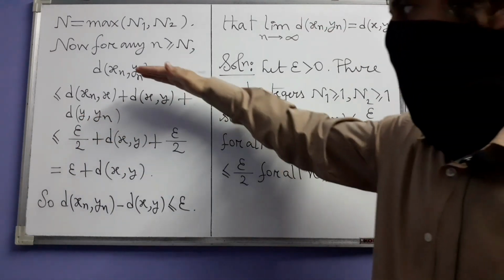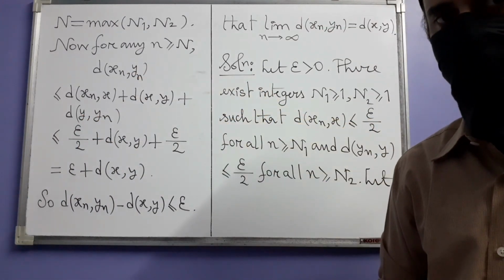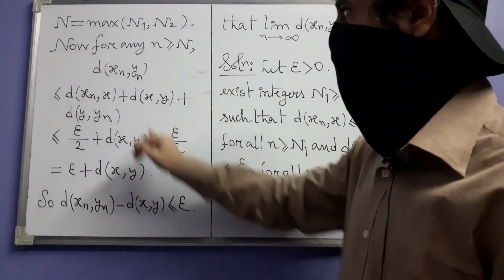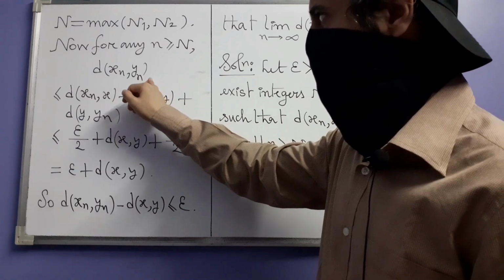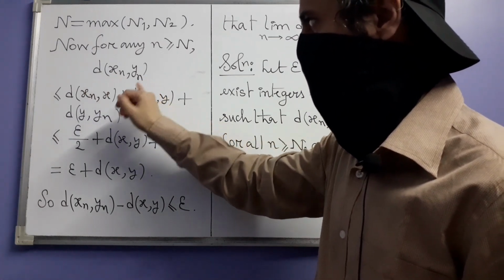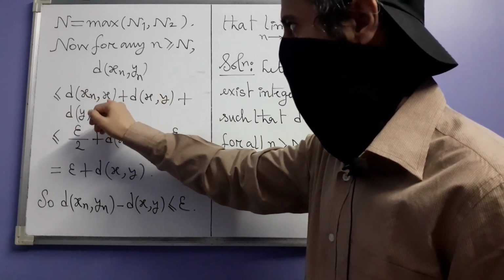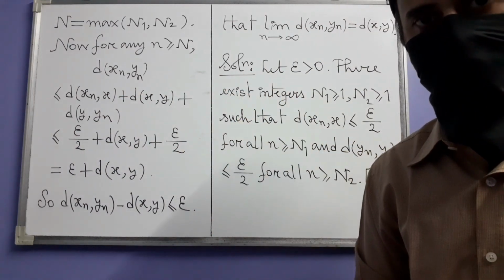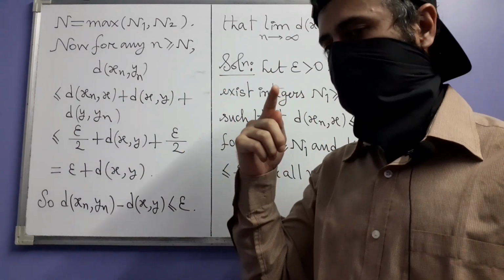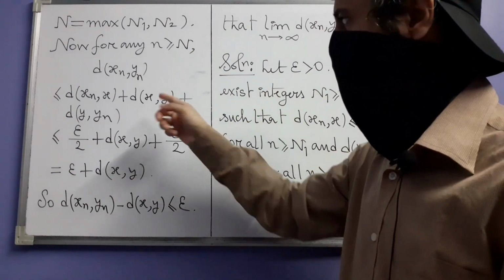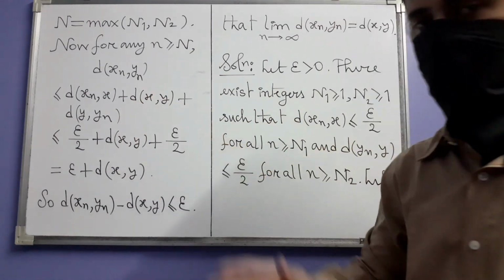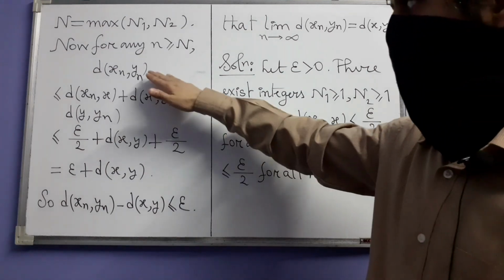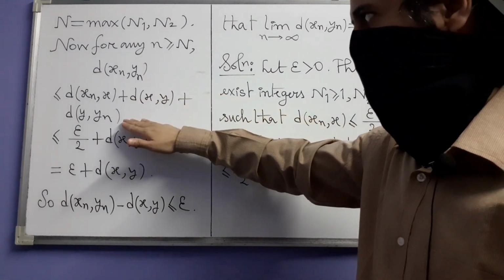If you want, you can write another step in between these two steps. First, in place of d(xn, yn), you write d(xn, x) plus d(x, yn), and then you apply the triangle inequality once more, and that's how you get these other two distances. So by two applications of the triangle inequality, we are getting this.